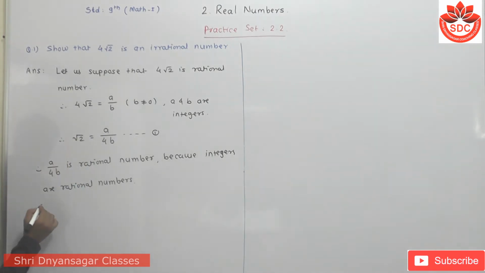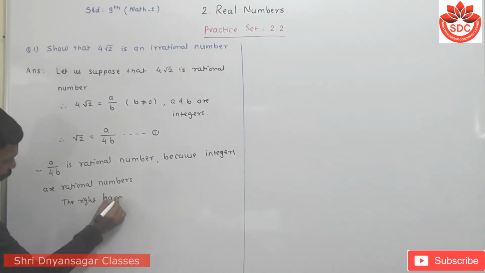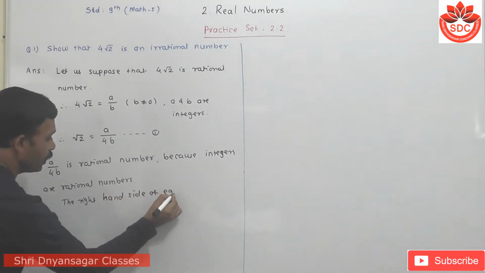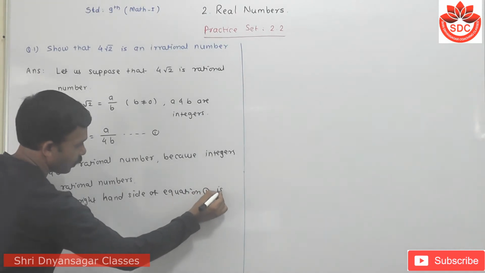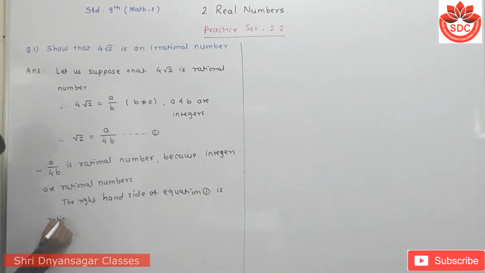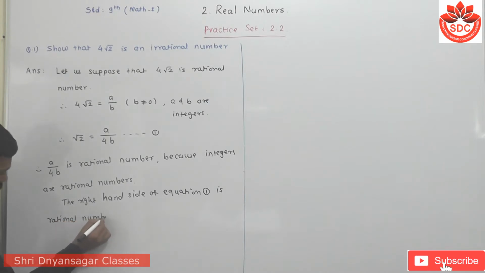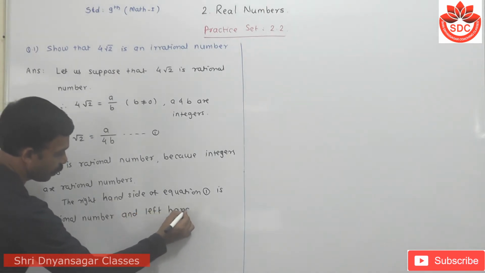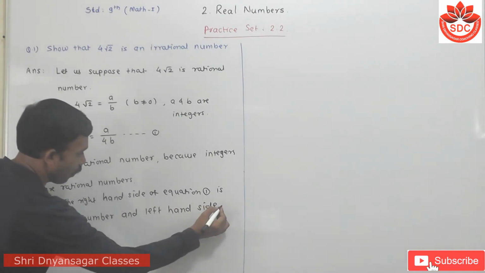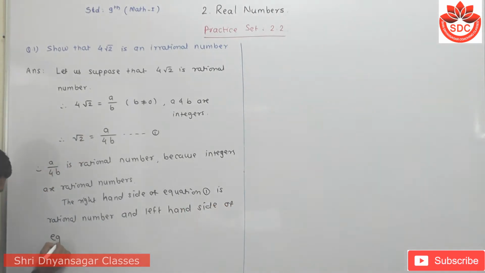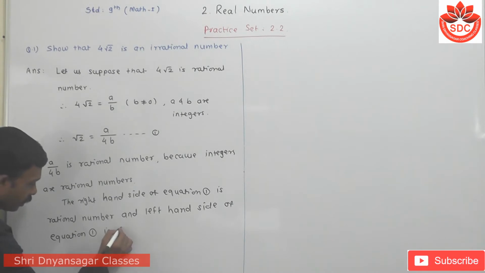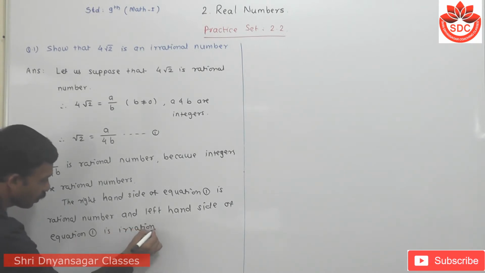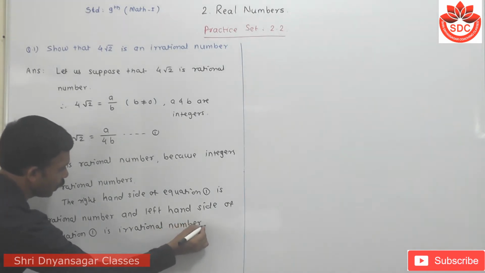So I have to write, therefore the right hand side of equation first is a rational number and the left hand side of equation first is an irrational number, that is root 2.